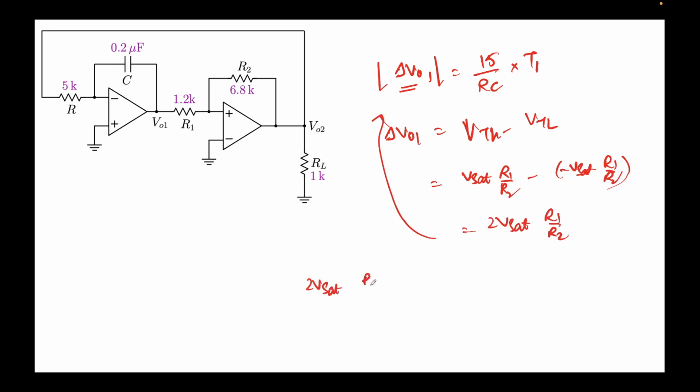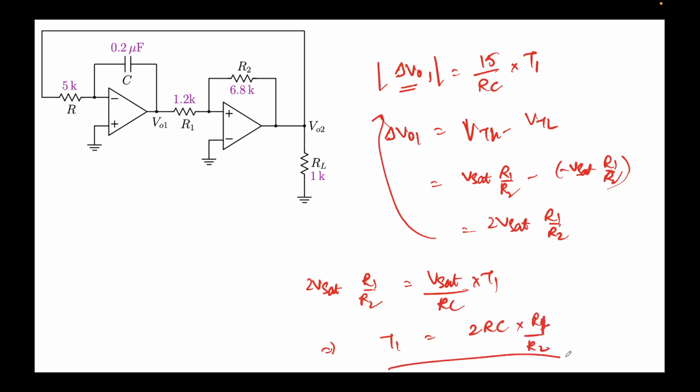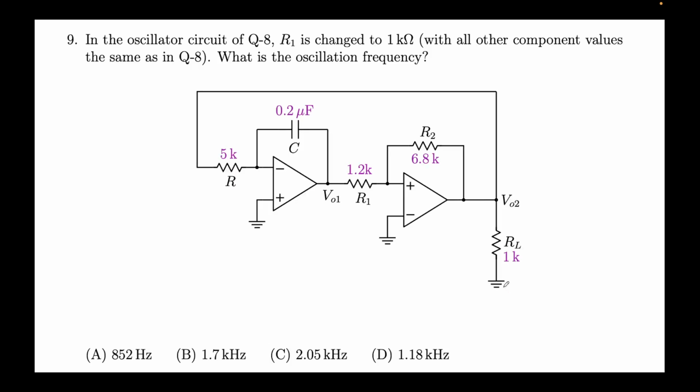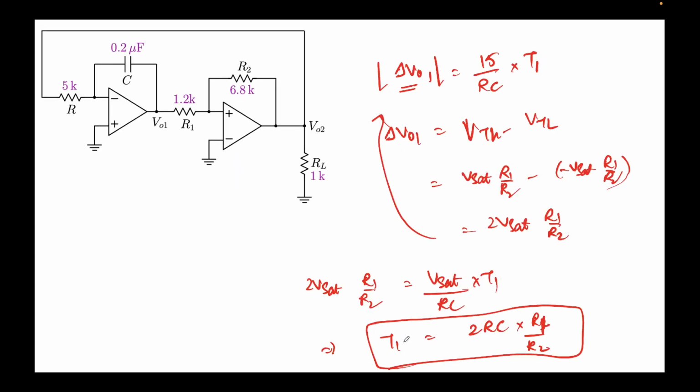2 VSAT R1 over R2 is equal to 15, which is nothing but VSAT, over RC times T1. This gives me T1 equal to, VSAT gets cancelled, 2 RC times R1 over R2. And we also know that T2 is the same as T1.